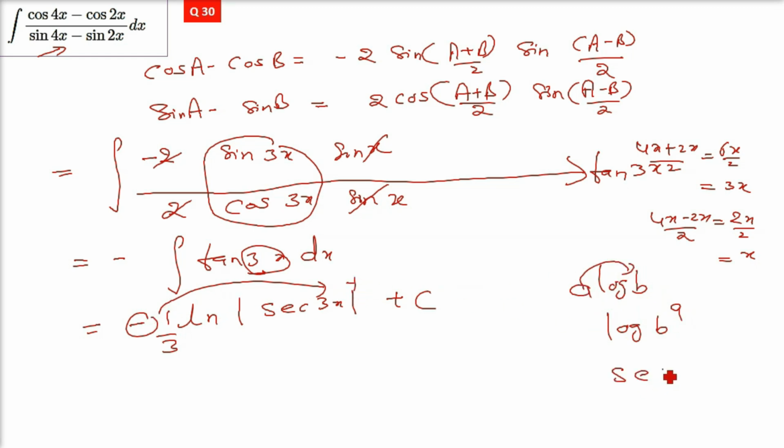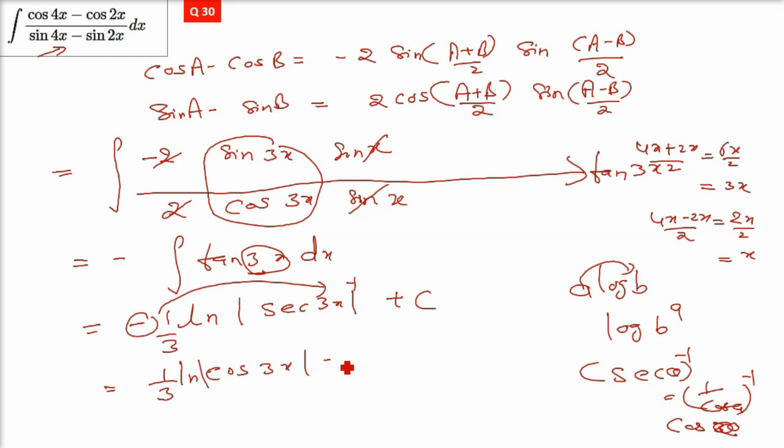You already know a log b is log b to the power a. So sec theta to the power minus 1, which is actually (1 by cos theta) to the power minus 1, will become cos theta only. Here, because theta is 3x, you can remove this negative sign, and it will be 1 by 3 ln modulus of cos 3x.